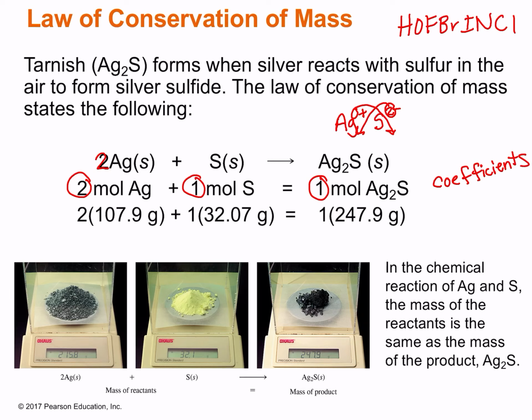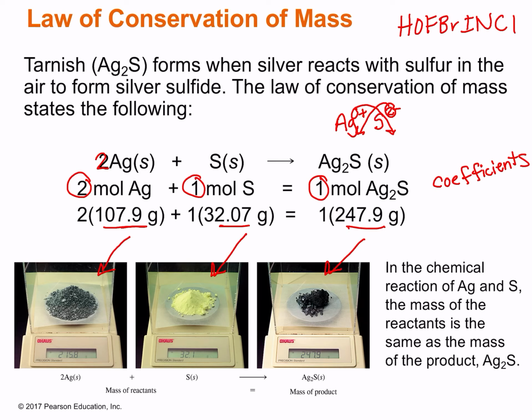And then if, instead of writing moles, we use their molar masses here, 2 times 107.9, 1 times 32.07, and then the molar mass of silver sulfide, 247.9. If we multiply those out, we get these numbers.